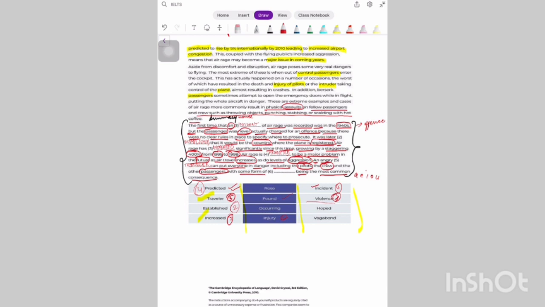Assault, I cannot find the word assault here. So the answer is violence.